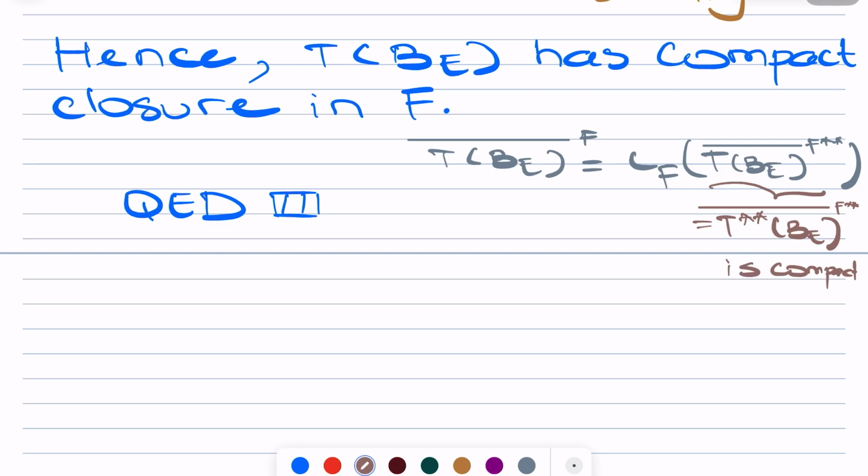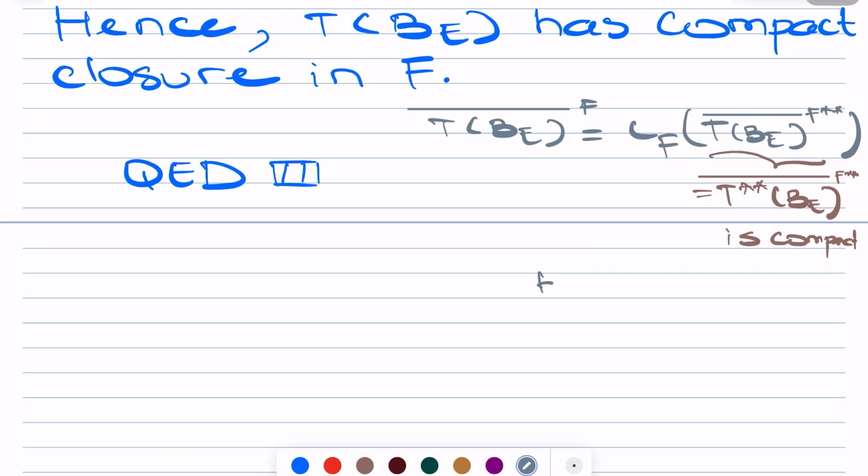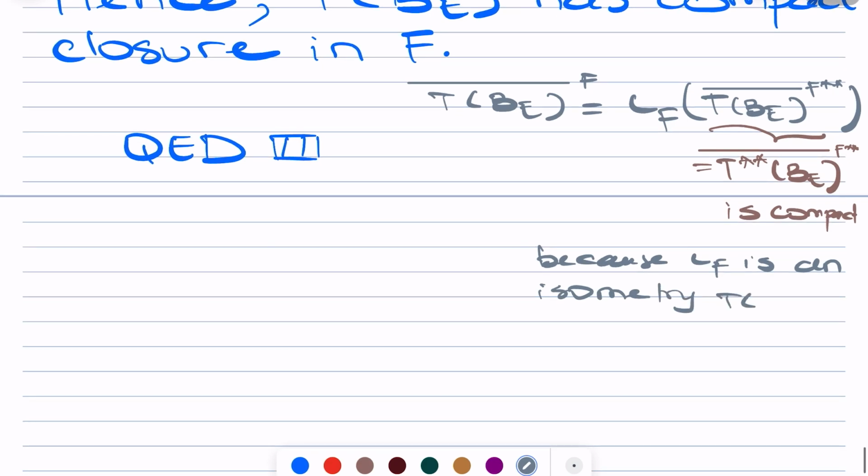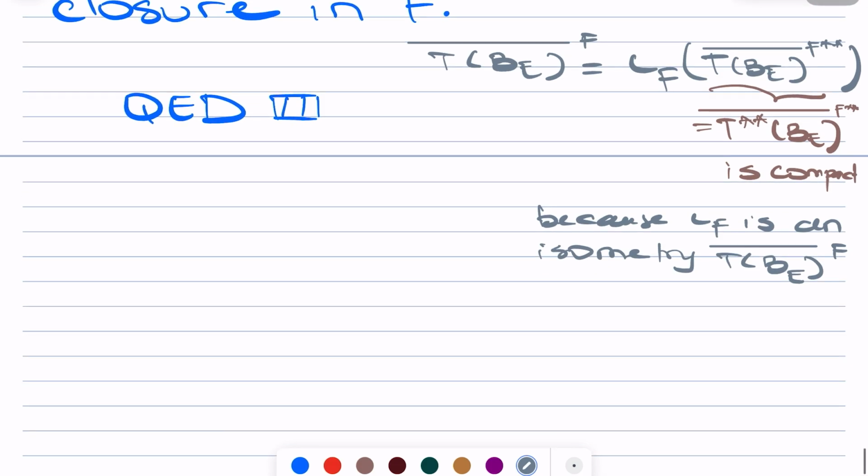Now, because iota of F is an isometry, the closure of T B in F is compact as well.